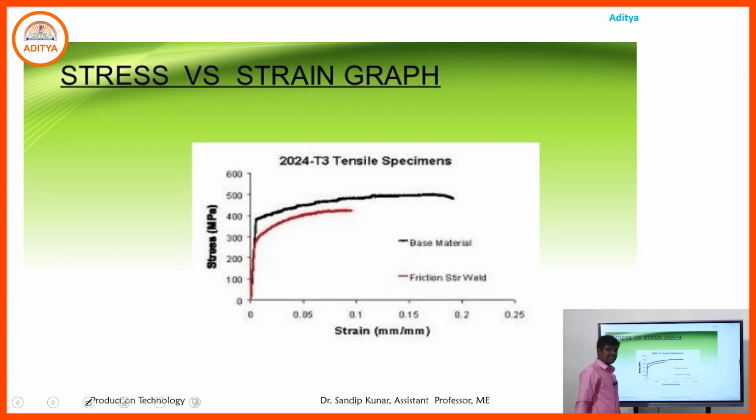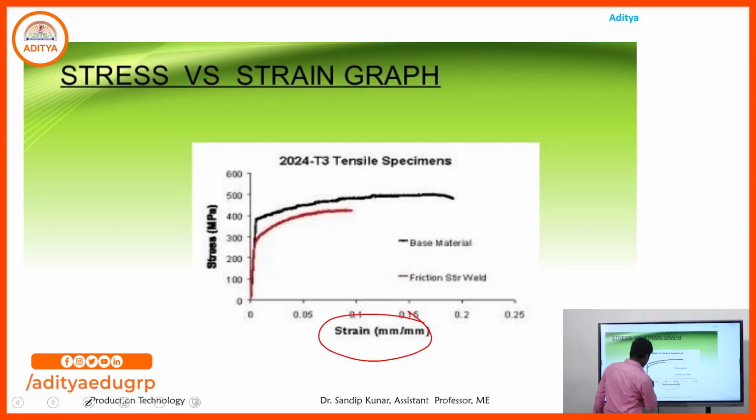Here we have also seen the stress-strain graph. Where we apply pressure on the welding spaces, stress is generated and some parts are elongated. On that basis we have drawn a stress-strain graph, with strain along the x-axis and stress along the y-axis.